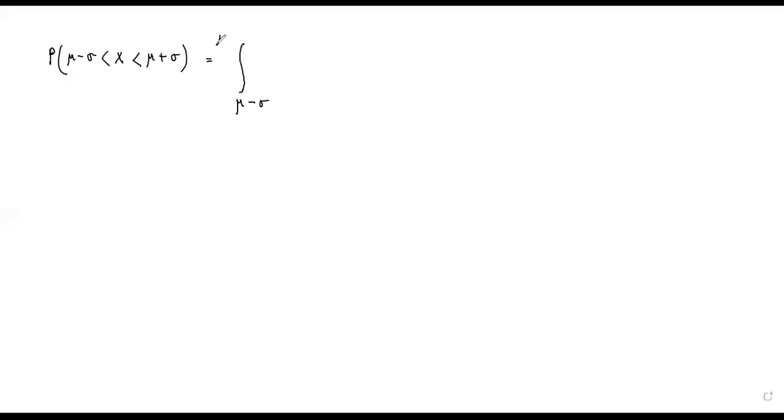We are going to find this definite integration from mu minus sigma to mu plus sigma. We are going to integrate the probability f(x) with respect to x, where f(x) is given by this expression: 1 by sigma root 2 pi e to the power minus half ((x minus mu) by sigma) whole square.